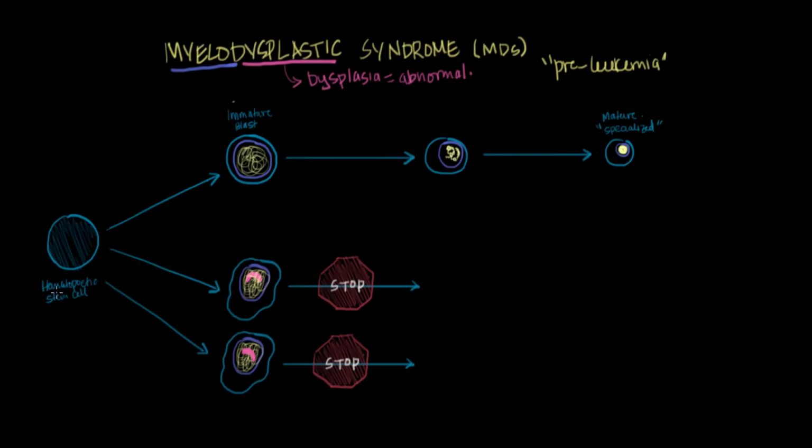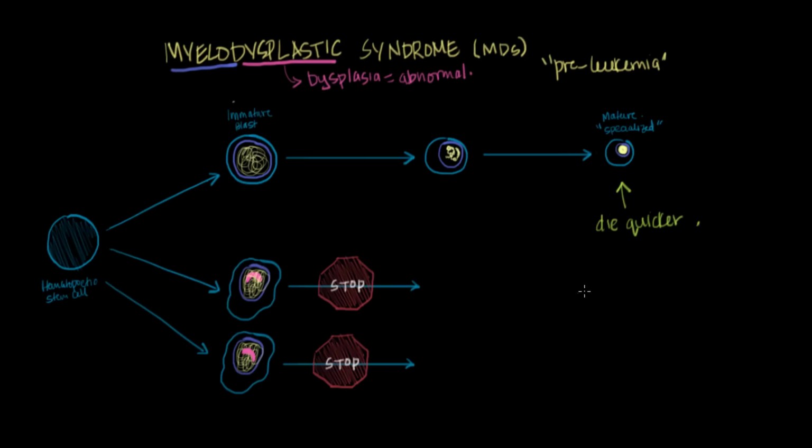And even if the hematopoietic stem cell is able to make a normal blast cell that is then able to mature all the way down to the mature specialized stage, there's something wrong with these cells, something that we don't quite understand fully yet, in which these mature specialized cells die off quicker than normal blood cells should.